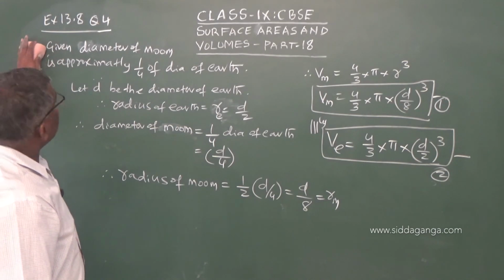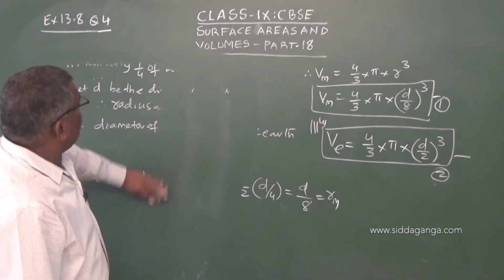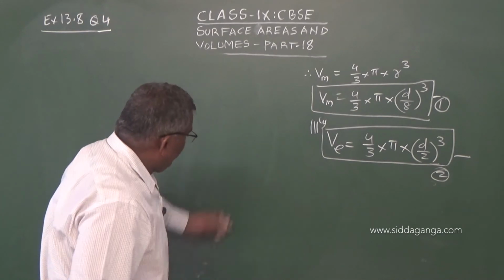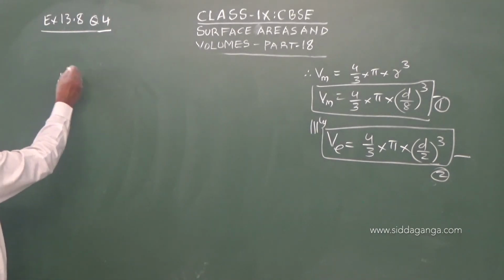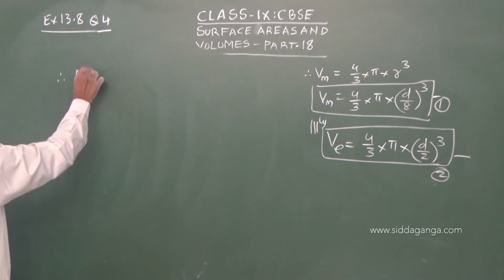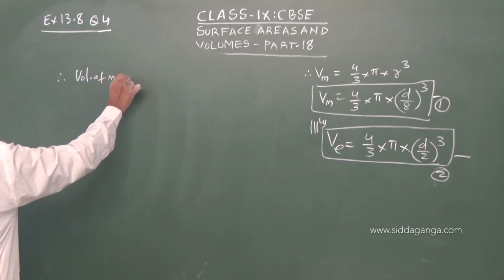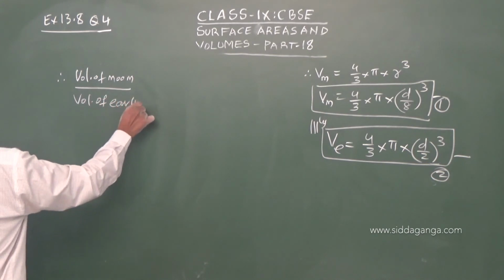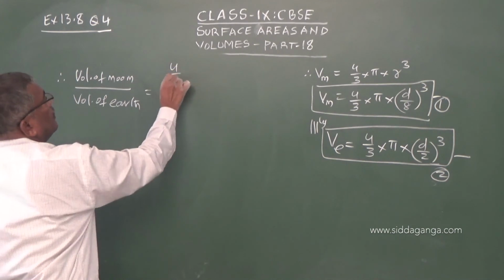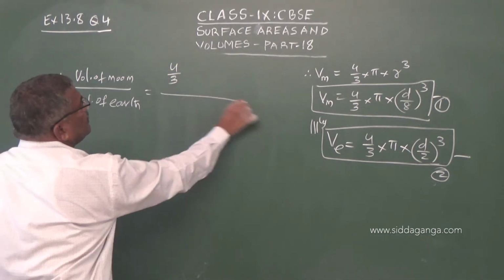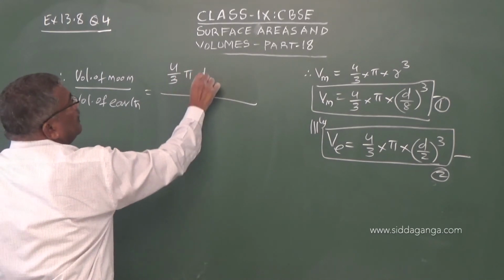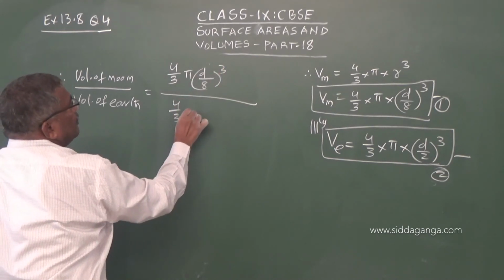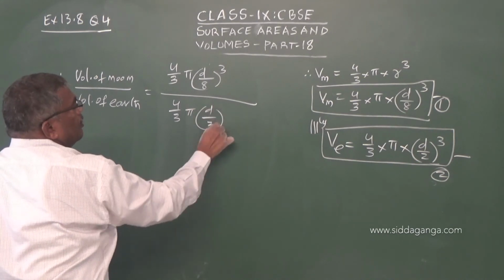Therefore they asked for the ratio. Therefore volume of moon divided by volume of earth is equal to, you can see, 4 by 3 pi D by 8 whole cube, first equation divided by second equation, 4 by 3 pi D by 2 whole cube.